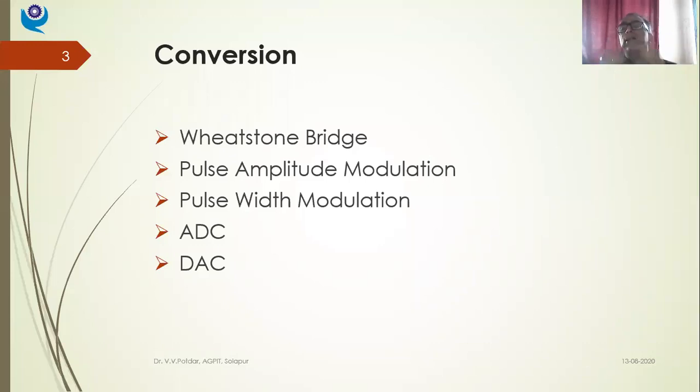And the third category was when all the four resistances of all the four arms of the Wheatstone bridge are replaced by four strain gauges. So each of the arms of the Wheatstone bridge, instead of resistances, will have strain gauges, which we call a full bridge circuit, or a four arm sensitive bridge.